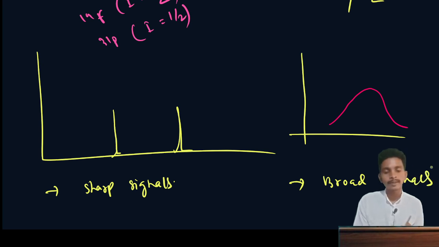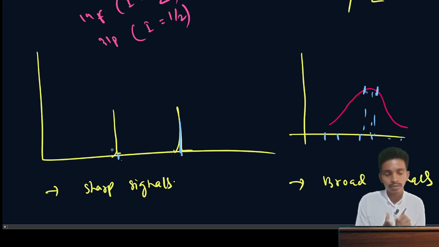And we know that if it is a broad signal, then multiple signal values are there, so you will get multiple values. If it is a sharp signal, then you will get a single signal. So now you tell me, which NMR spectra is good to study?